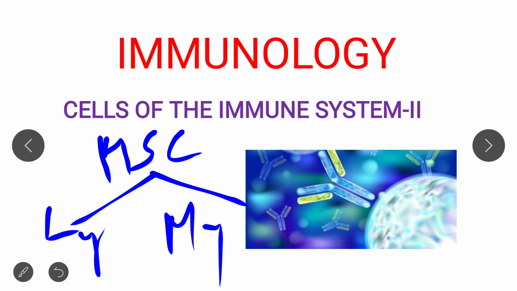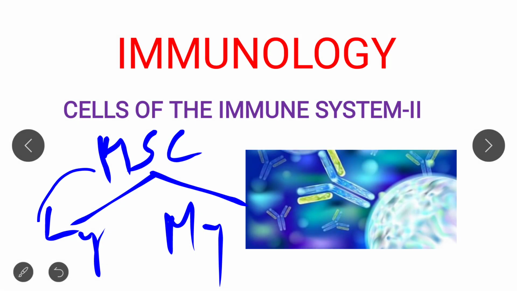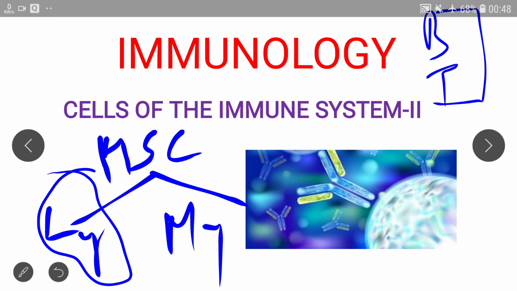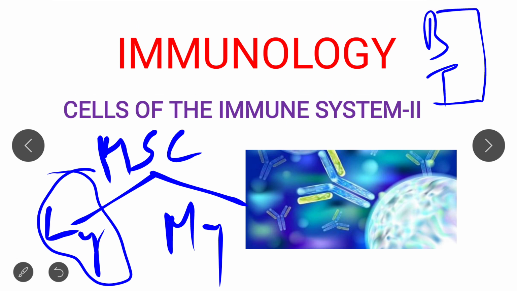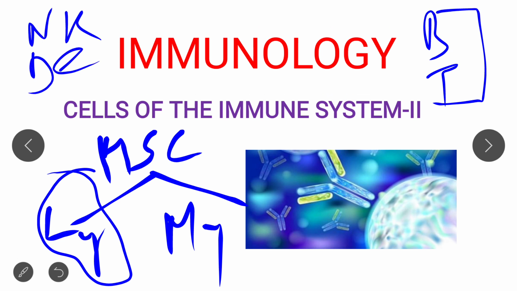Yesterday we learned that lymphoid progenitors are basically four types: B cell, T cell, NK cell and dendritic cell. I taught NK cell and dendritic cell in the previous lecture, so the lymphoid progenitor cells are completed in brief.